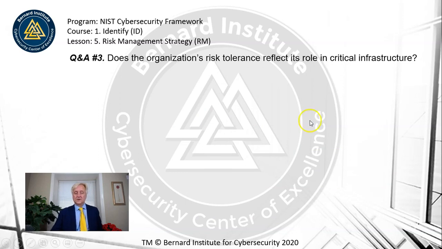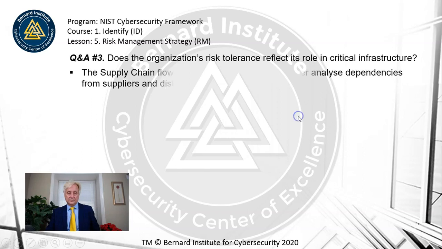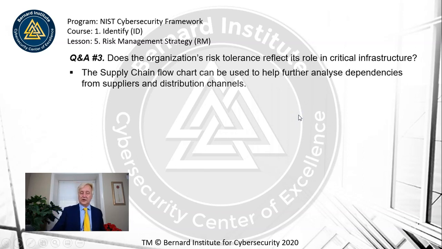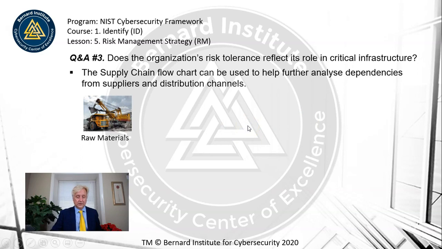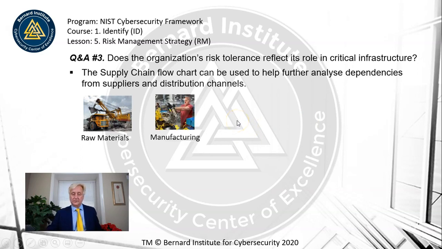Does the organization's risk tolerance reflect its role in critical infrastructure? Continued. The supply chain flowchart can be used to help further analyze the dependencies from suppliers and supply chains. There's raw materials process. There's manufacturing of the raw materials.